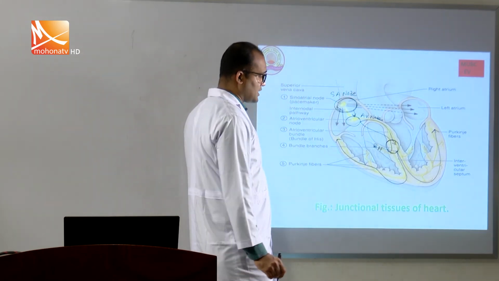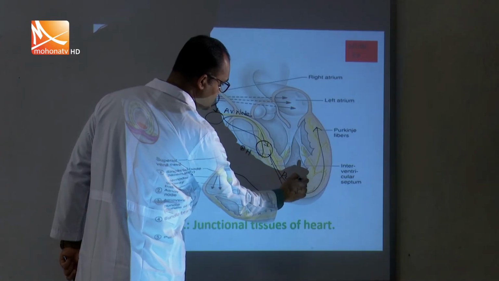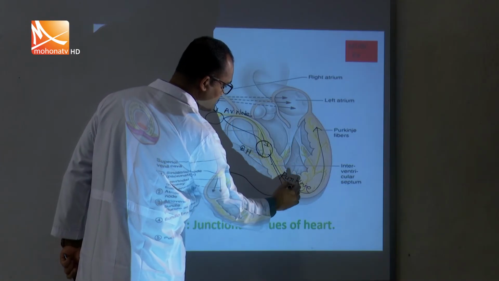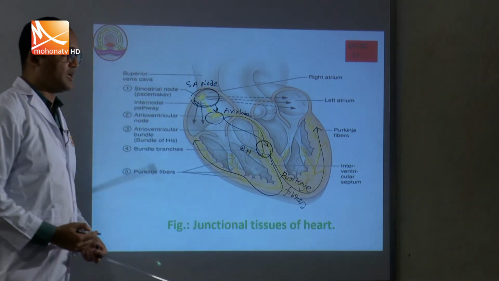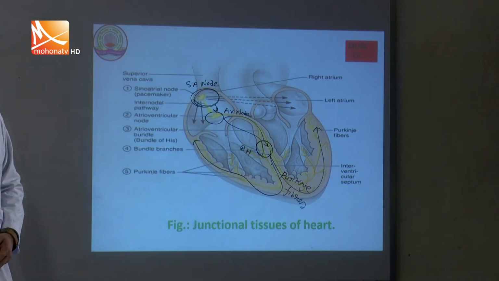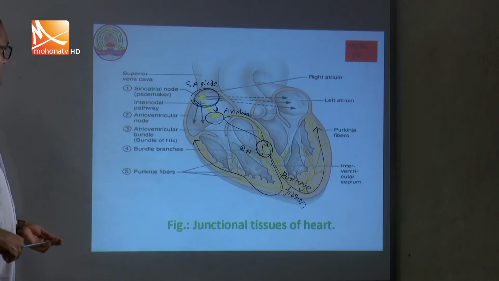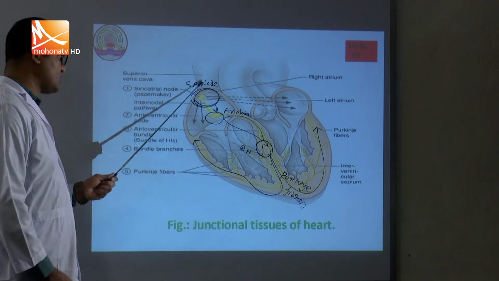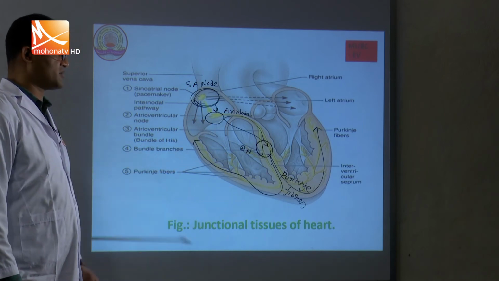The tissues there are called the Purkinje fibers. As a result, the contraction is completed by the human heart. So, the tissues are the sinoatrial node, atrioventricular node, bundle of His and Purkinje fibers.